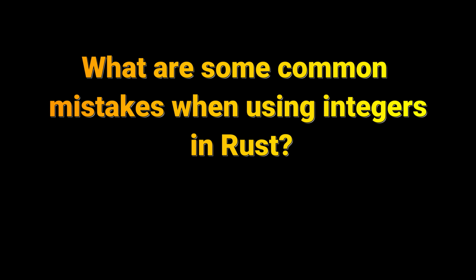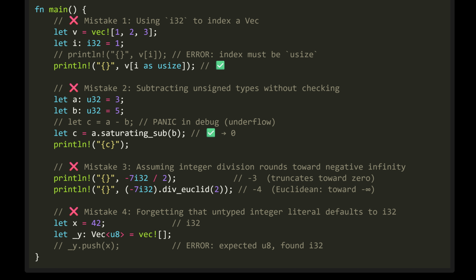What are some common mistakes when using integers in Rust? A few common mistakes with integers in Rust. First, they try to use an i32 to access an item in a list, but Rust requires the index to be the usize type. Second, they subtract with unsigned numbers without checking if the result might go below 0, which causes an error.